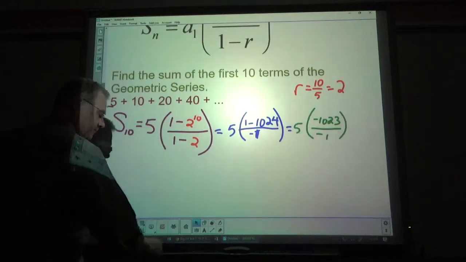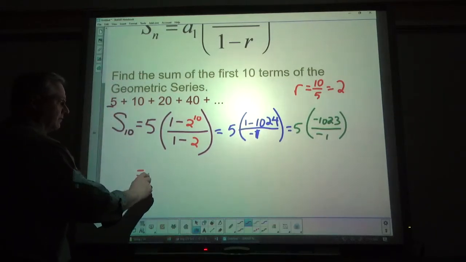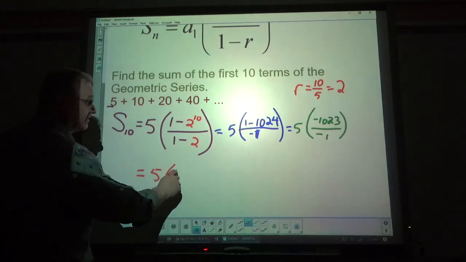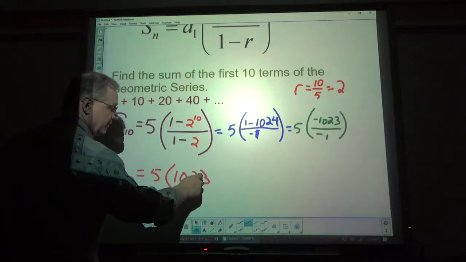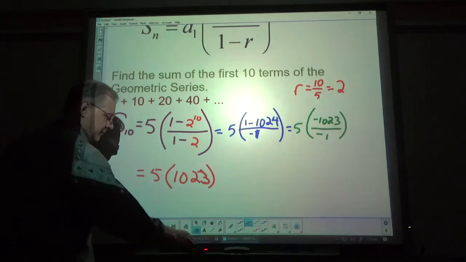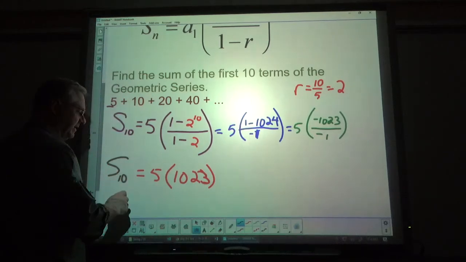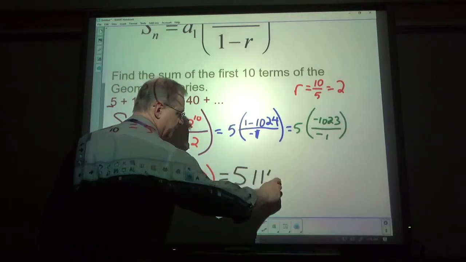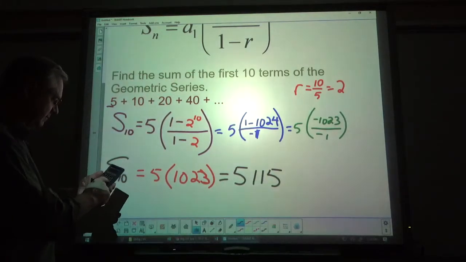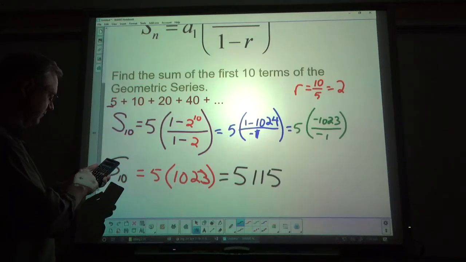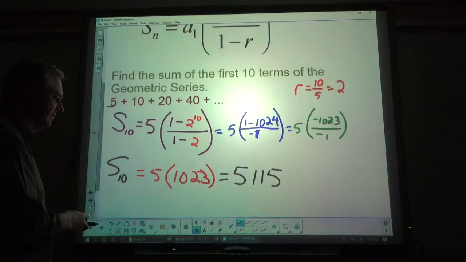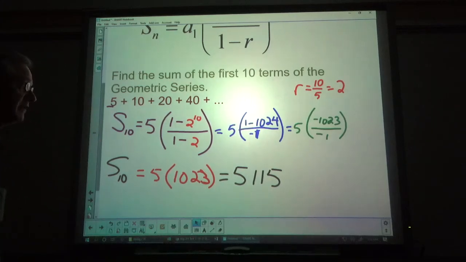There we go. All right. That's going to be positive 1,023. So S sub 10 is going to equal, I believe it's 5,115, but I'm going to double check. 5 times 1,023. Yep, 5,115.